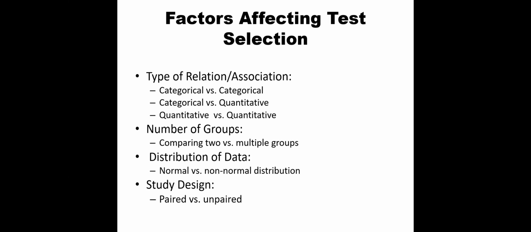And the study design: whether we are comparing two independent groups, means subjects which are independent. In one group we are giving the intervention, in the other group we are not giving the intervention. They are independent groups and we want to compare their age or BMI level. That is independent groups.